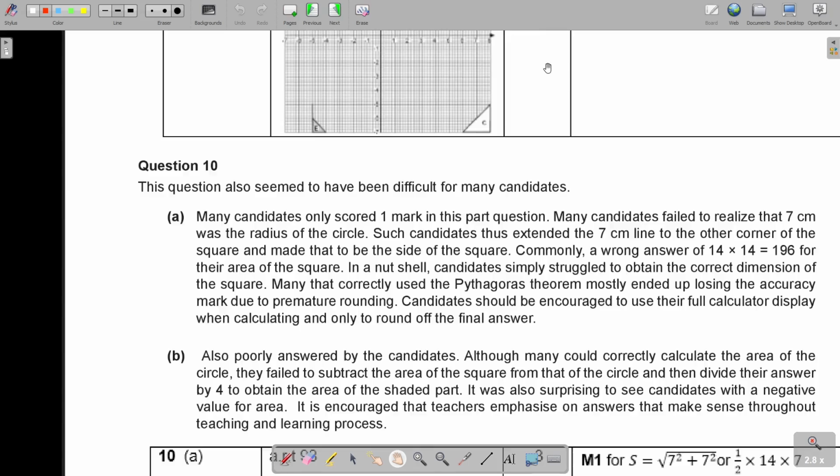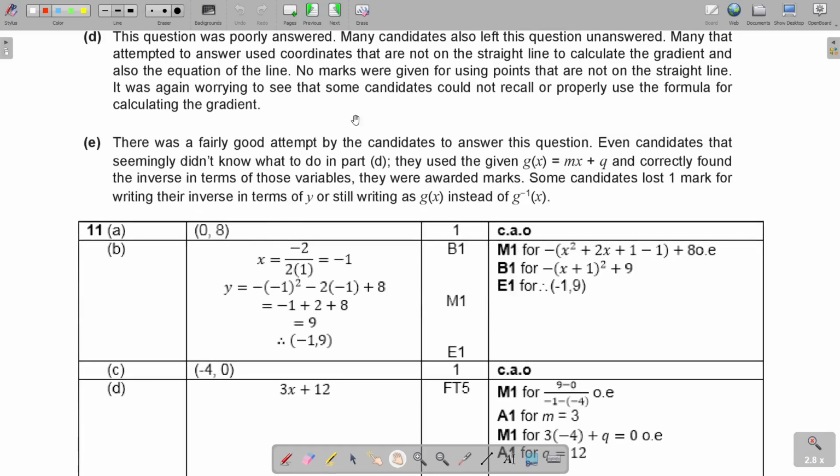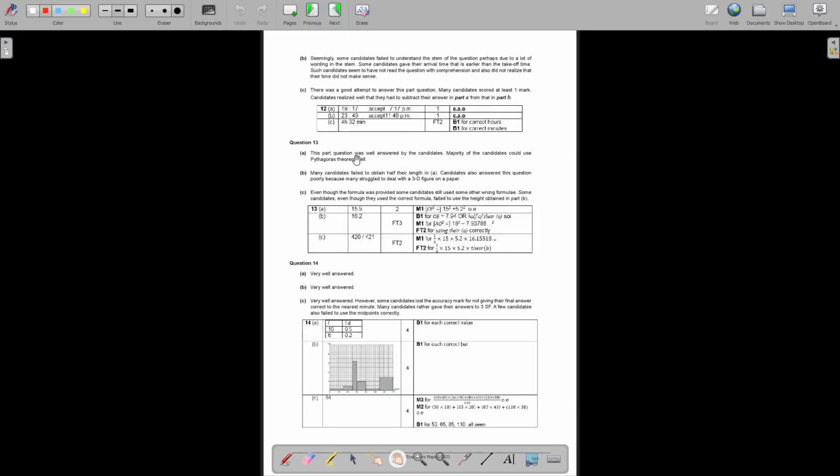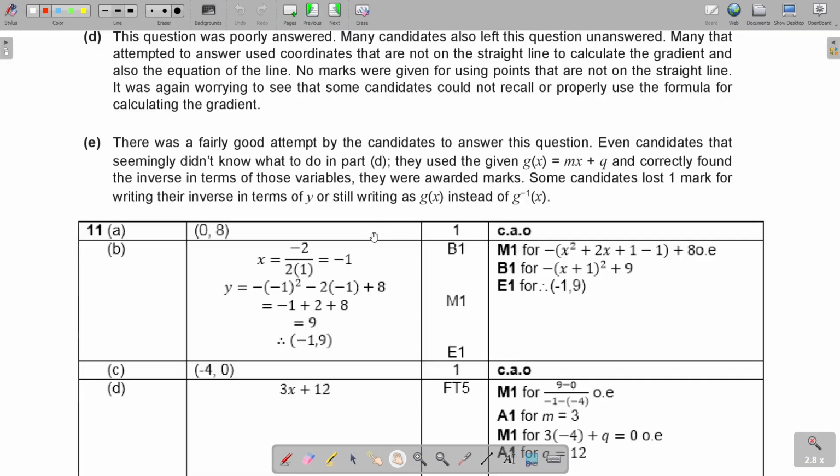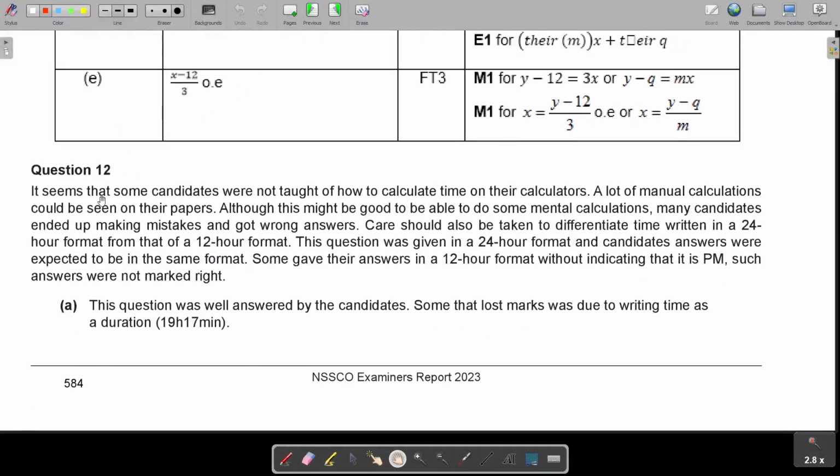So basically, this is now question number 12. Okay. Now, I think we must go first back. Okay. It seems that some candidates were not taught on how to calculate time on their calculators.